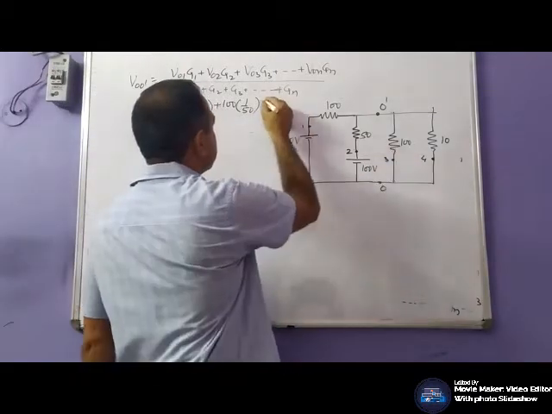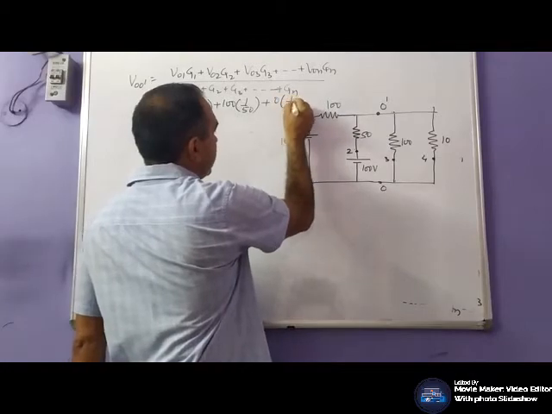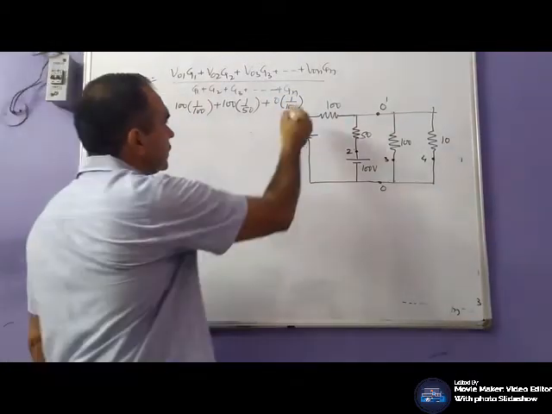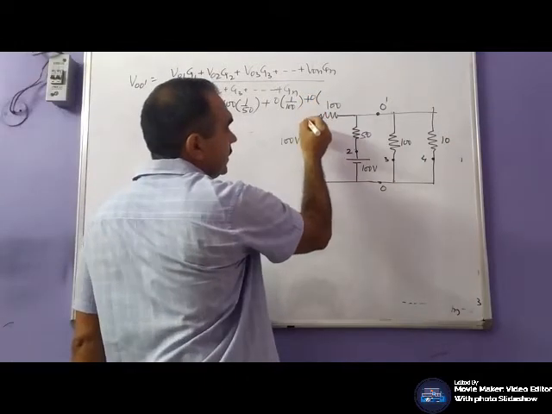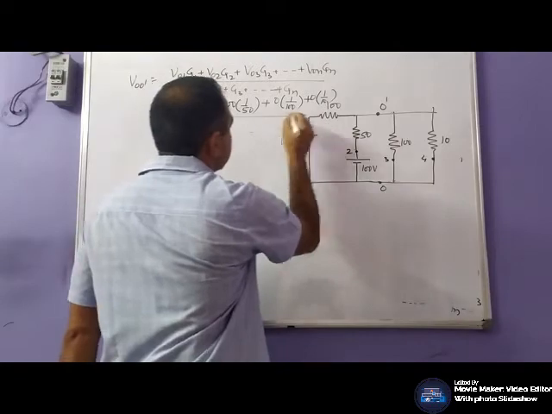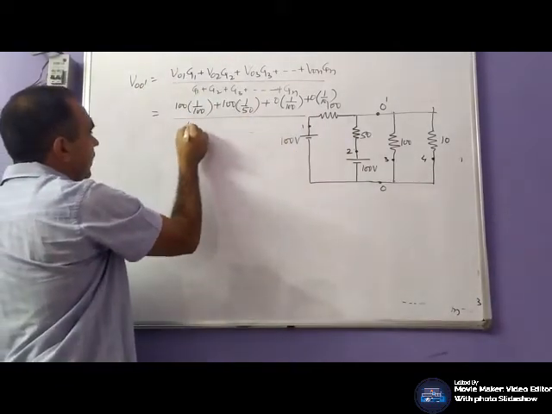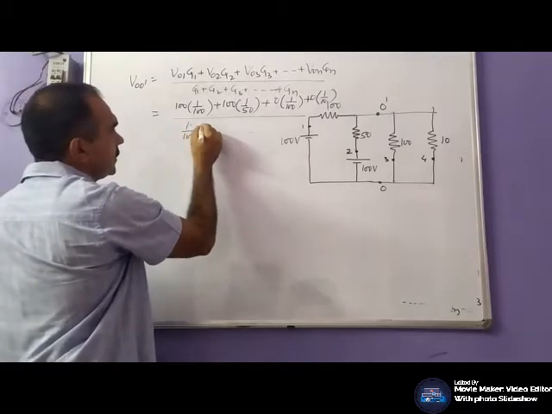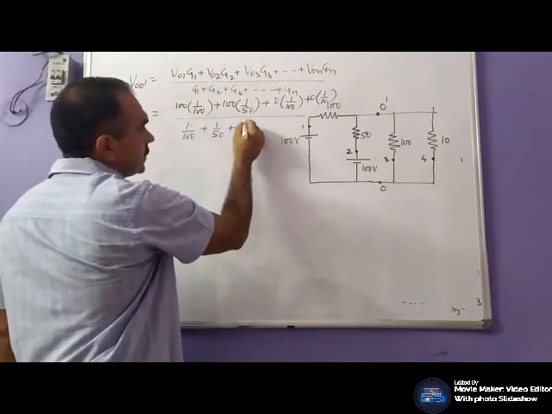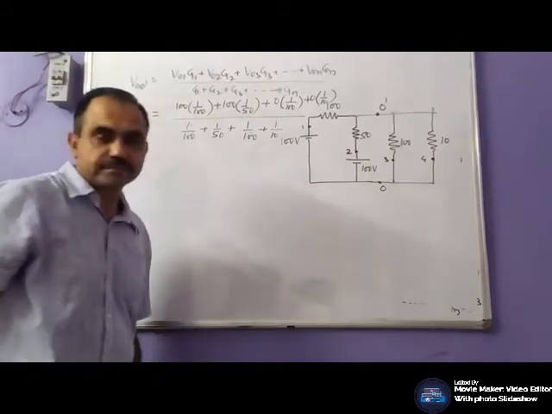No voltage source is connected. So it would be 0 by 1 by 100 plus 0 into 1 by 10, divided by G1 plus G2, 1 by 100 plus 1 by 50 plus 1 by 100 plus 1 by 10.